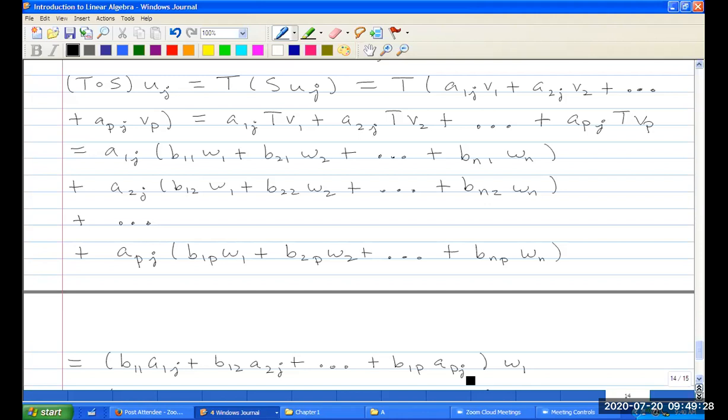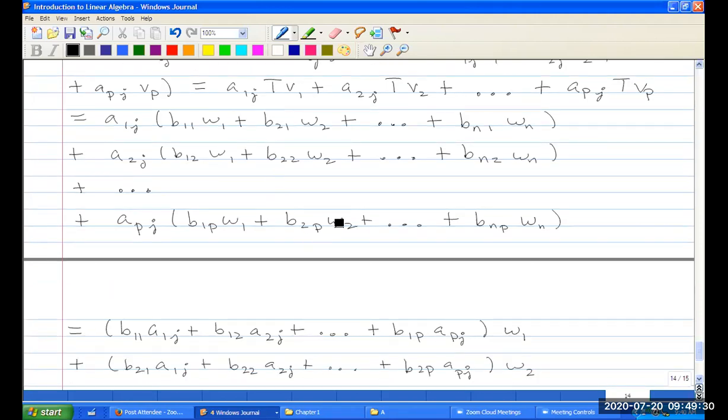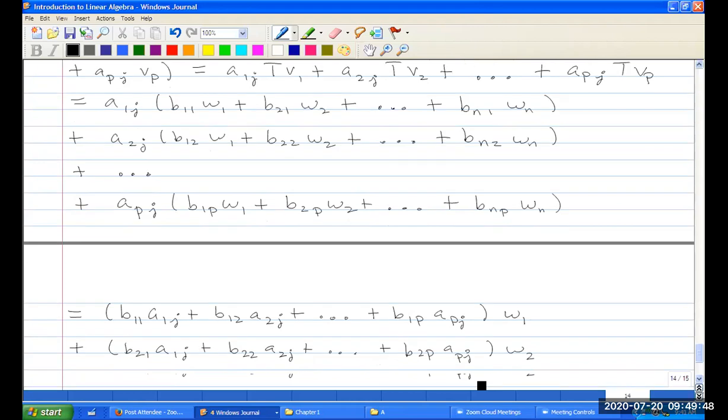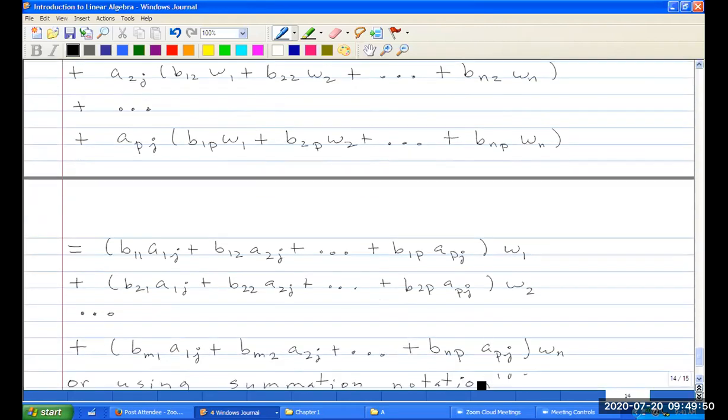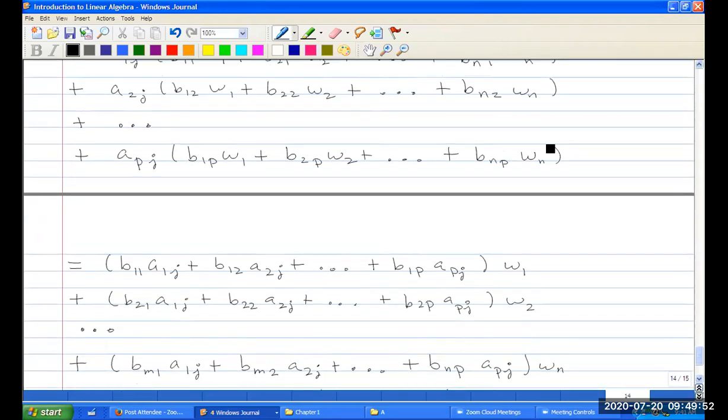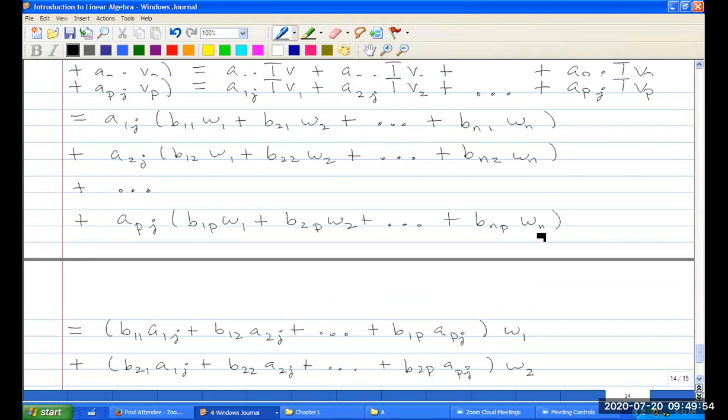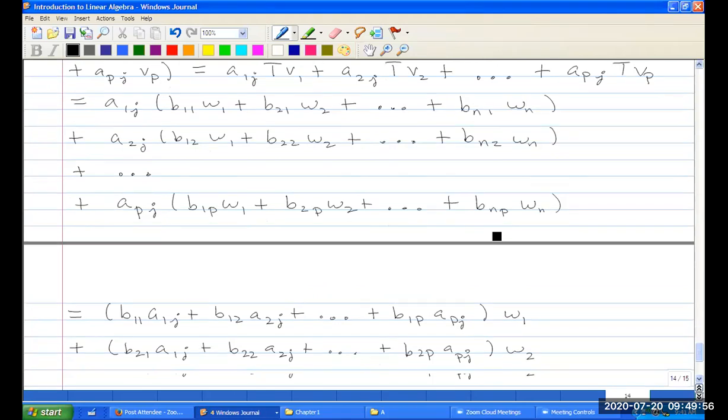So I have that. Now let's look at this one. Here are my W2s. Here are my B21 to B2P, and here are my A1j to APj. Dot dot dot, till the last one.